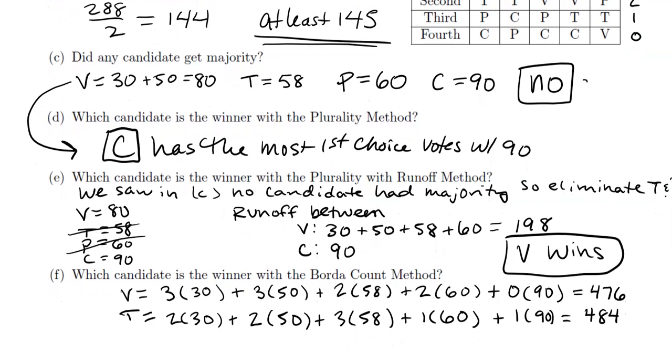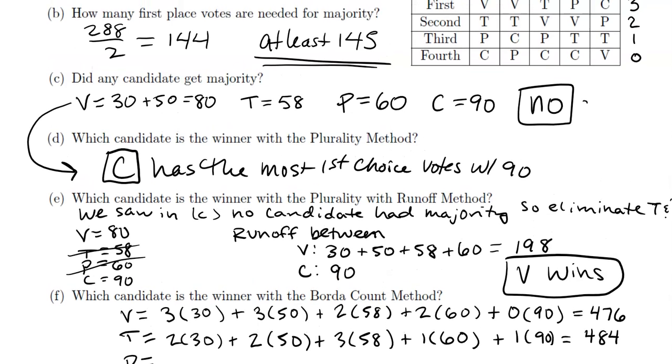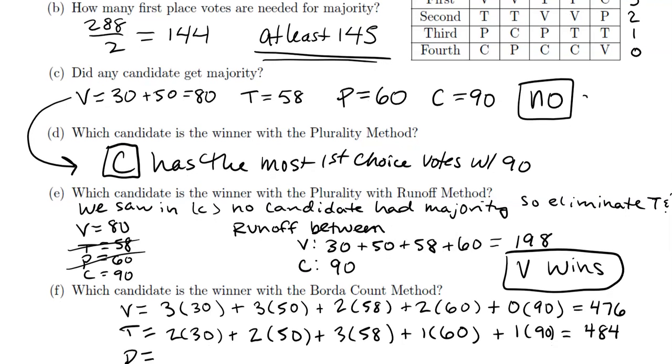So then we can do P. Let me scroll up enough here. P is in third place in the first column. That was worth 1 point, and the first column was worth 30 votes. They're then in last place in the second column, so 0 times 50.